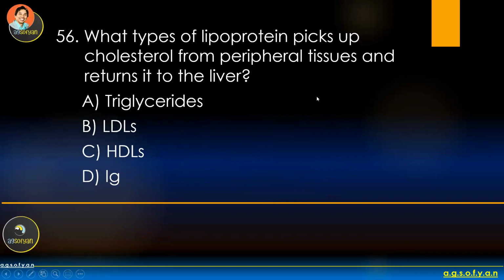What type of lipoprotein picks up cholesterol from peripheral tissue and returns it to the liver? A, B, C, or D? Okay, this is very important to understand. In our blood, we have a group of proteins that carry lipids, and this group of proteins is called lipoproteins. There are two main types of lipoprotein.